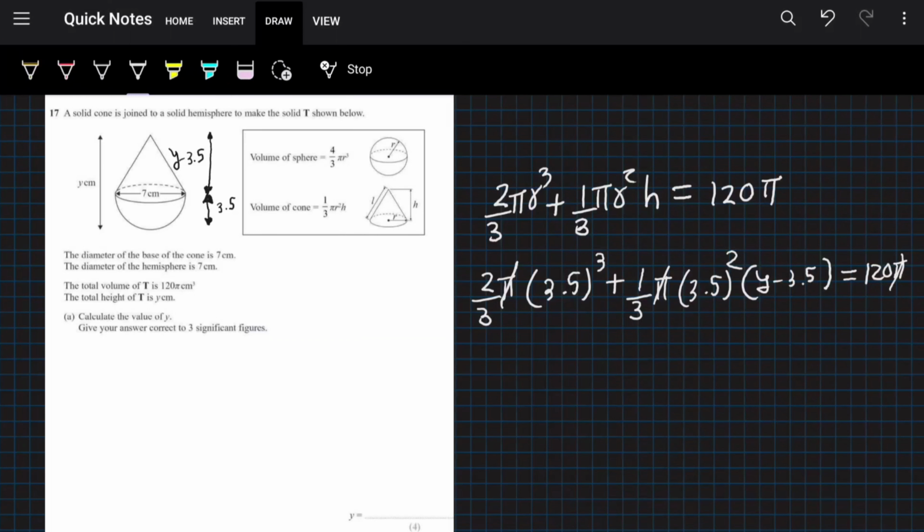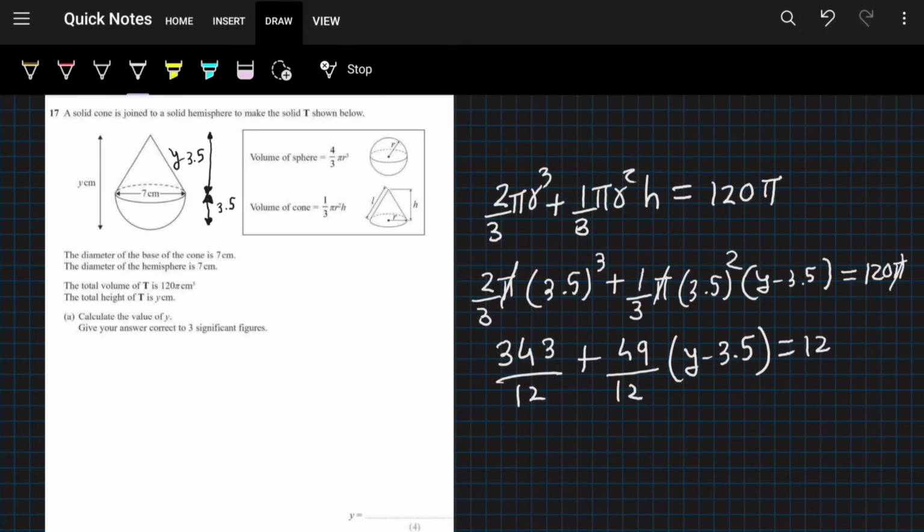So first we have 2/3 times 3.5 cubed, so we get 343/12 plus 1/3 times 3.5 squared, so 49/12 times y minus 3.5 equals 120.